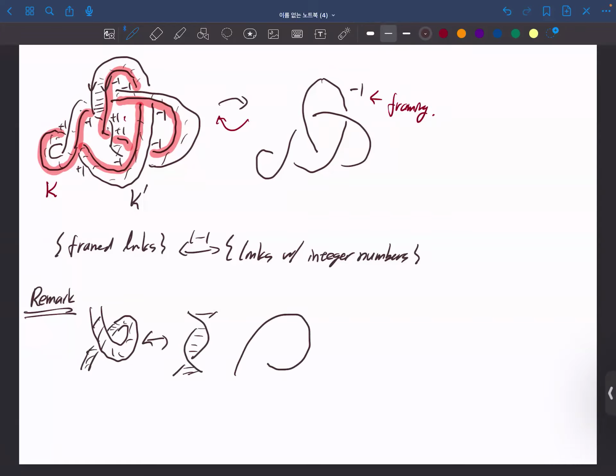Similarly, if you twist this kink, then you will get such a band.